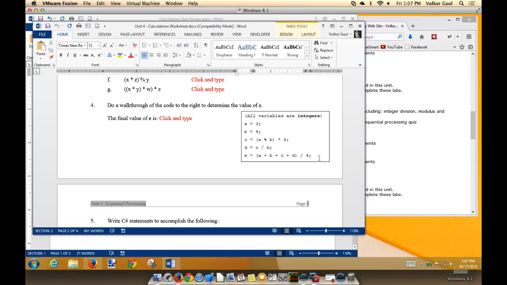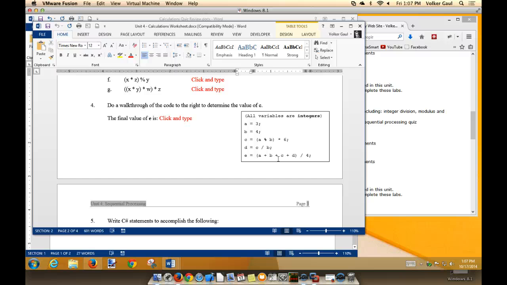Have to be, by rule, if they're all the same type. So if I divide C, and let's say that C is 5 and B is 2, the answer is 2.5, except they're integers. So what happens to the half? Kyle? It drops it. That's correct. It drops it.